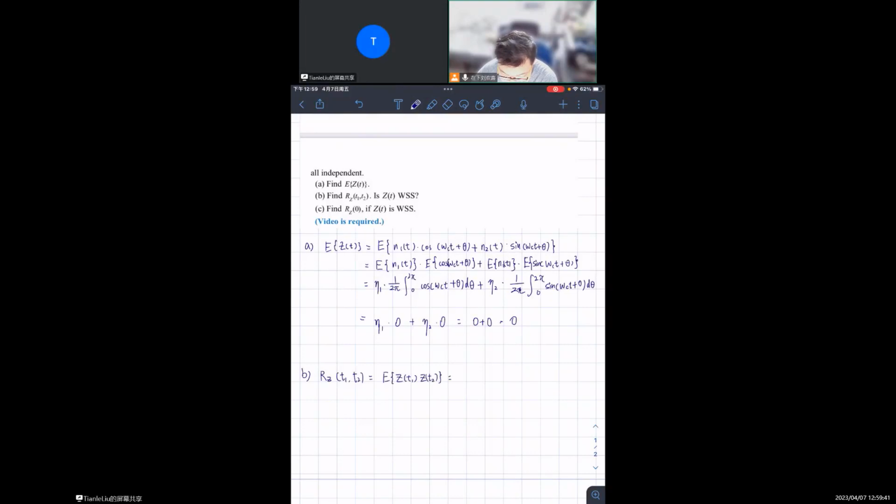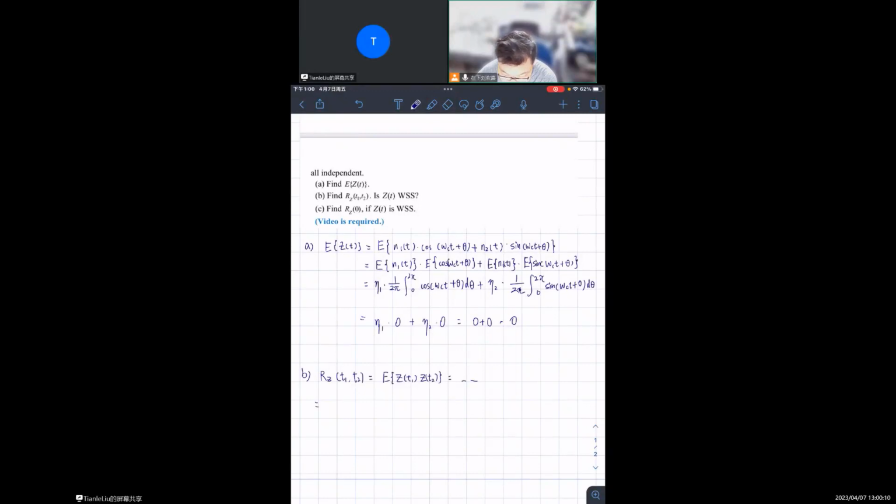The next step shown in the clue is a little complicated, so I will just follow it. The first item is the expected value of N1(t1) cosine(omega_c t1 plus theta) multiplied by N1(t2) cosine(omega_c t2 plus theta).